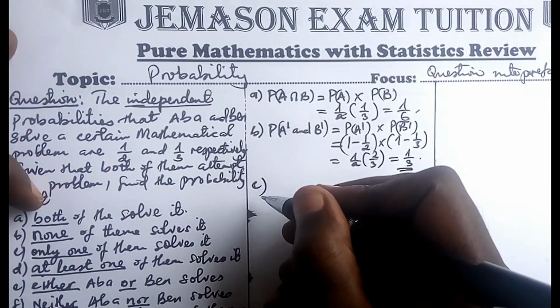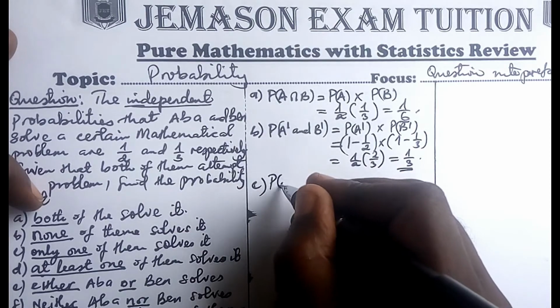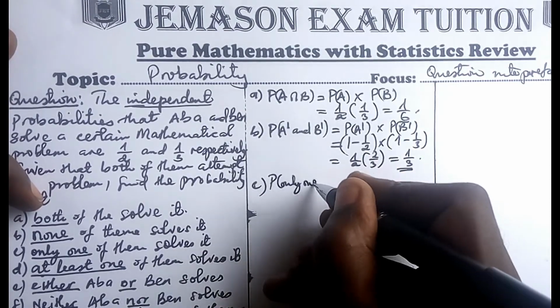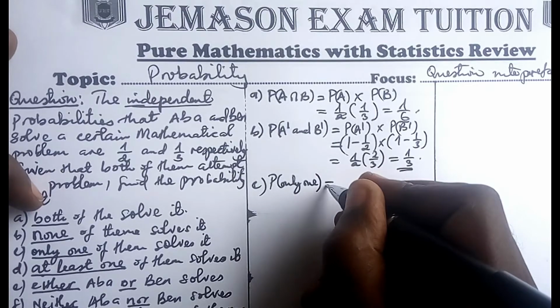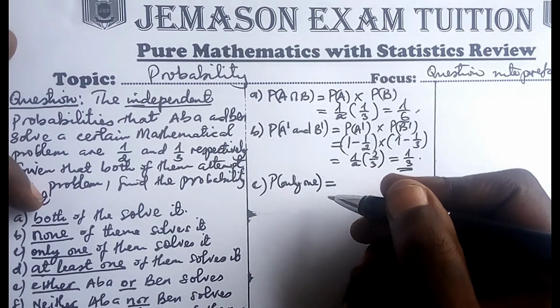The C part, only one of them solves. For you to have only one of them solving, you have two options.